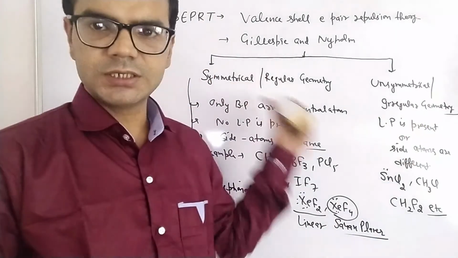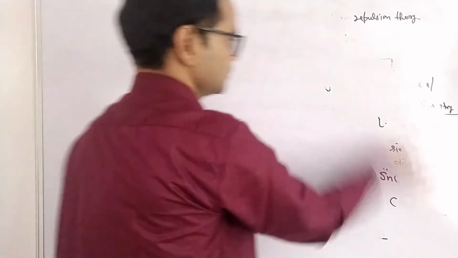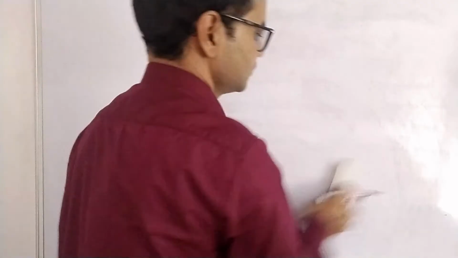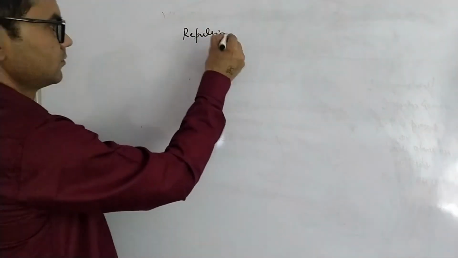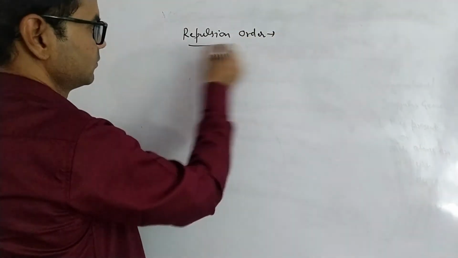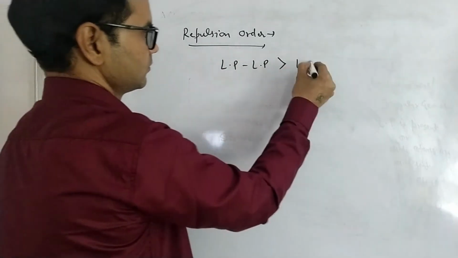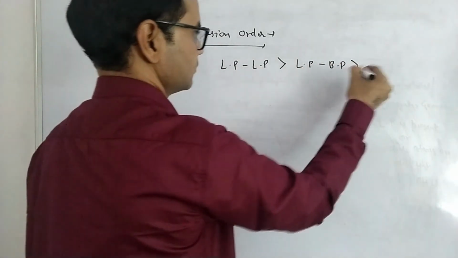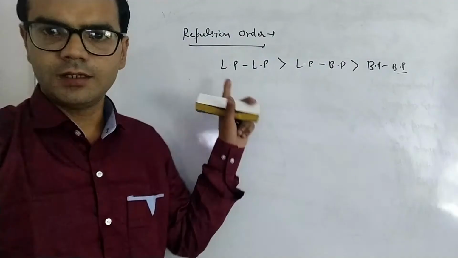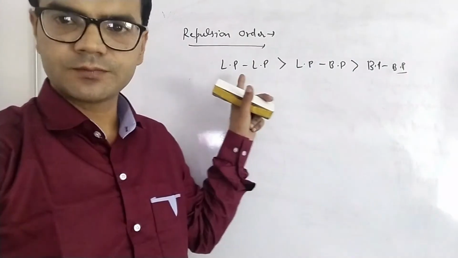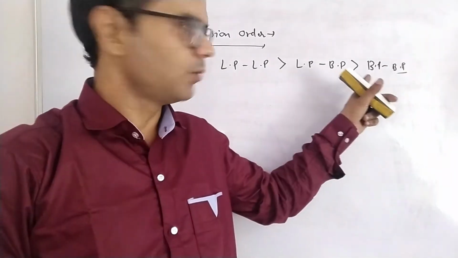So what is the repulsion order? Lone pair-lone pair repulsion is maximum, then lone pair-bond pair, and least repulsion is observed in bond pair-bond pair.